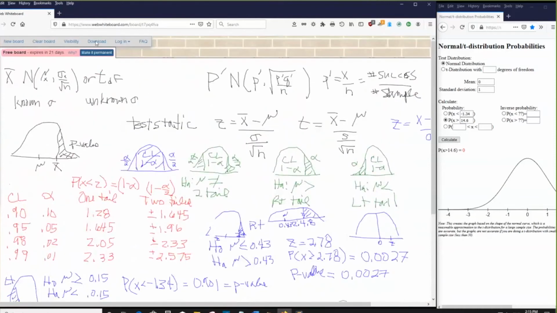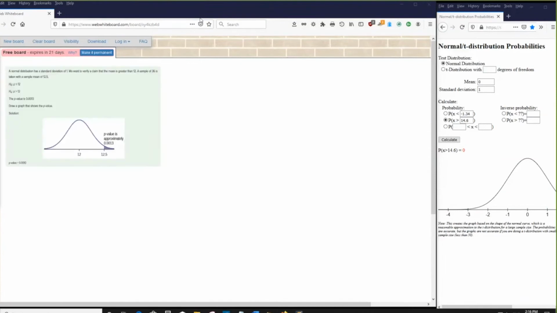Okay? So now let's do some actual problems. Let's say we're given a normal distribution that has a standard deviation of 1. We want to verify a claim that the mean is greater than 12.